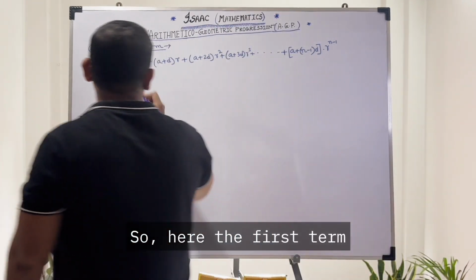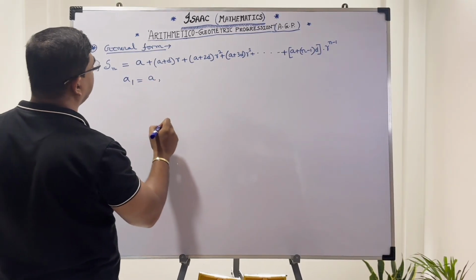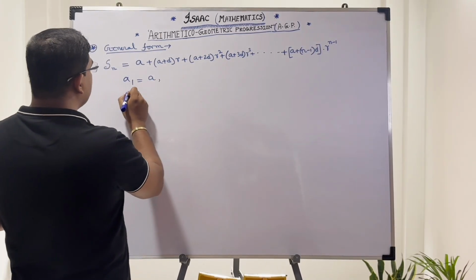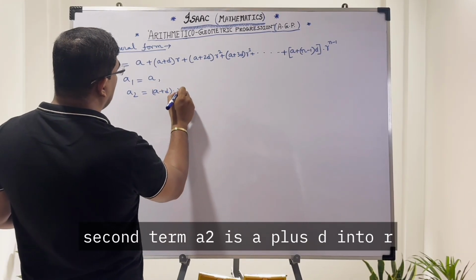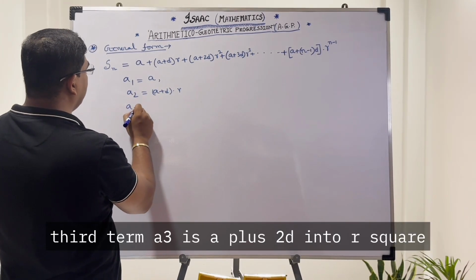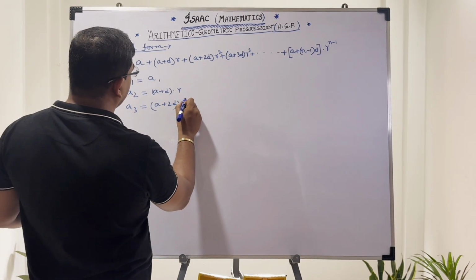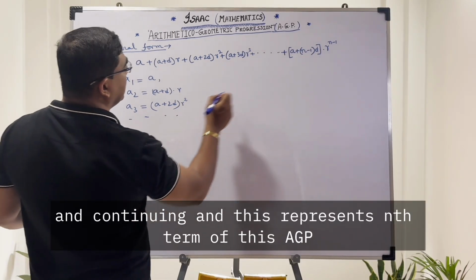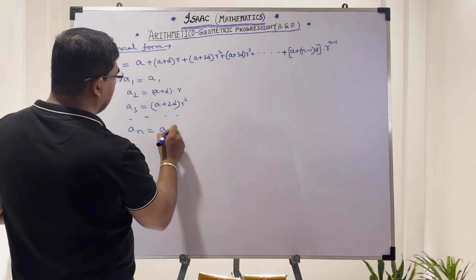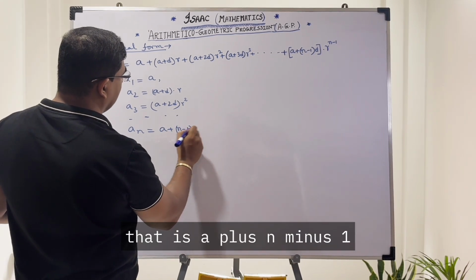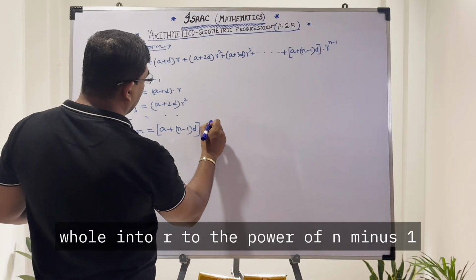Okay. So, here the first term A1 is a, second term A2 is a plus d into r, third term A3 is a plus 2d into r square, and continuing, and this represents the nth term of this AGP, that is a plus n minus 1 whole into d into r to the power of n minus 1.